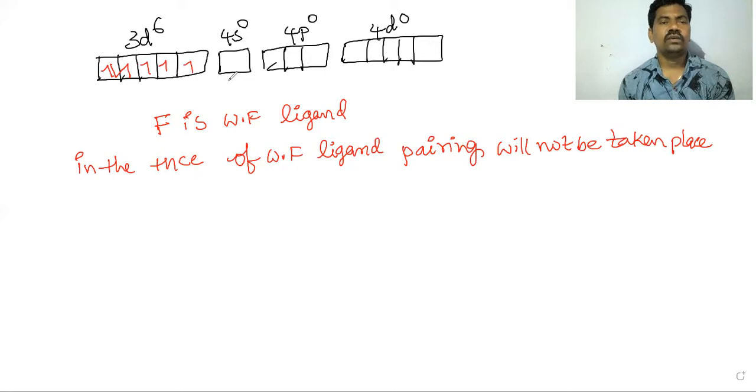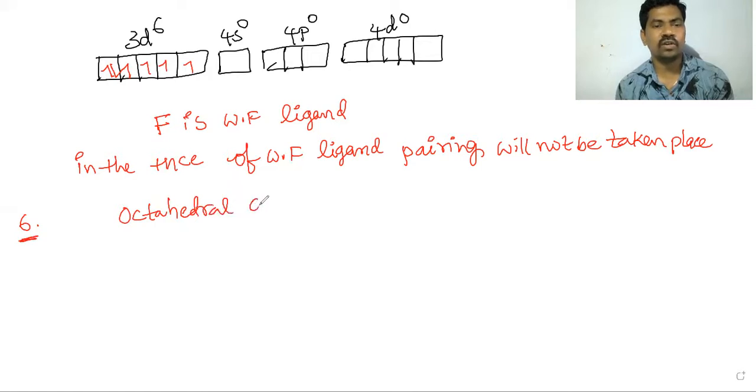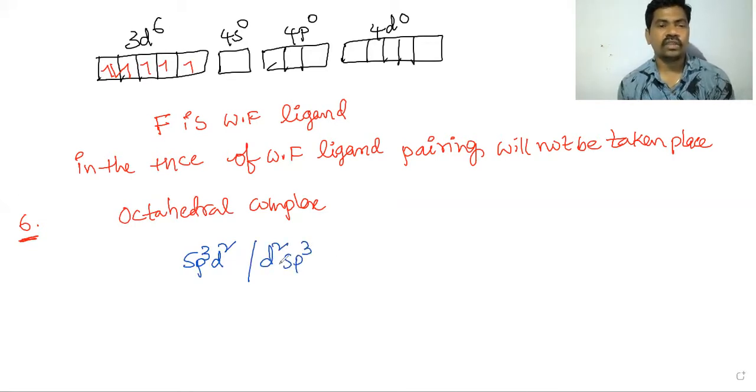Now keep in mind it is an octahedral complex. The coordination number of cobalt here is 6, and the 6th coordination number means it is an octahedral complex. Octahedral complex means the hybridization is either sp3d2 or d2sp3, because the coordination number is 6.